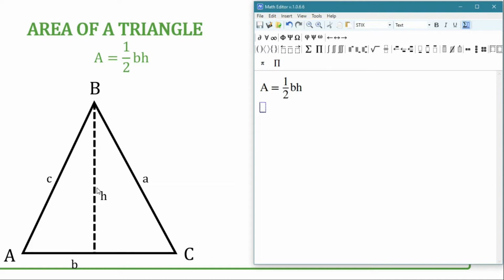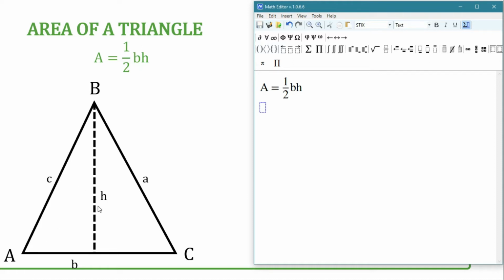Let's say for example that the given is angle A. How are we going to represent the value of h given that our given is angle A? What trigonometric function would best fit the situation? If the given angle is A, then h would be our opposite side.